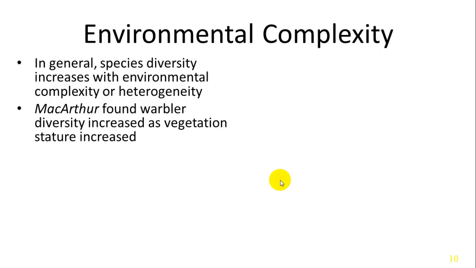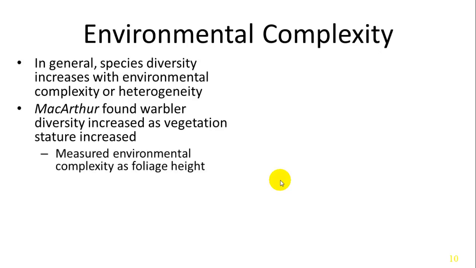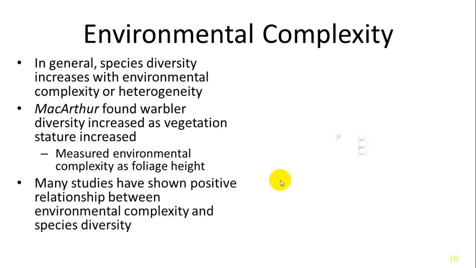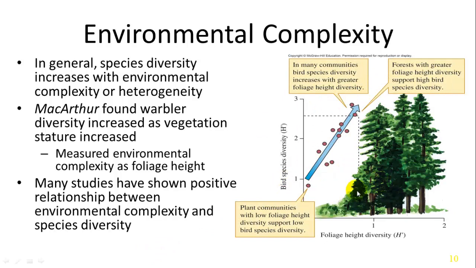So looking at the vertical plane, he measured environmental complexity as foliage height. If you have a forest that has many different layers or is heterogeneous in the height of the canopy, then you're going to have more species of bird within there, and that's what he found.